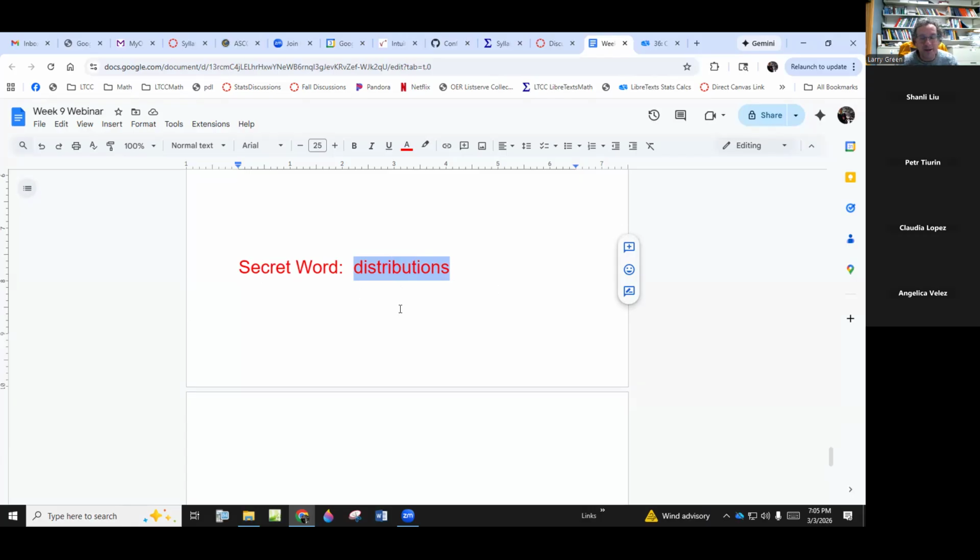Make sure you write it down, because just like for homogeneity, it was a word you had to put in to get full credit if you're asked for H naught and H1. And the conclusion too is distributions. So that's the secret word for this week.